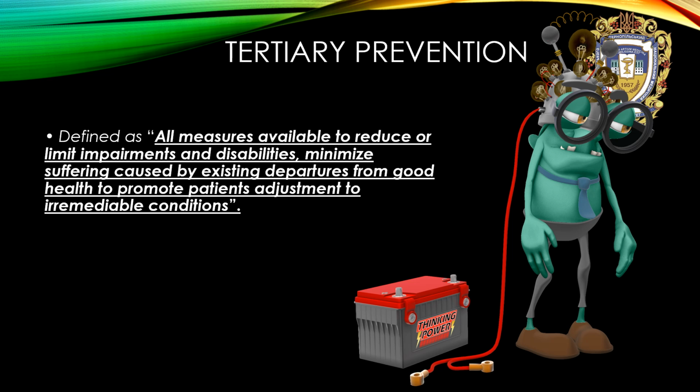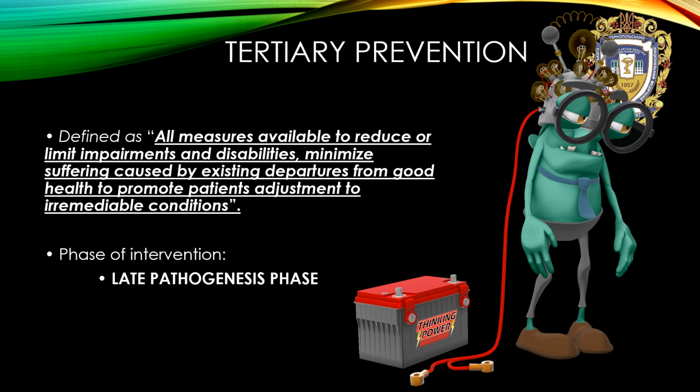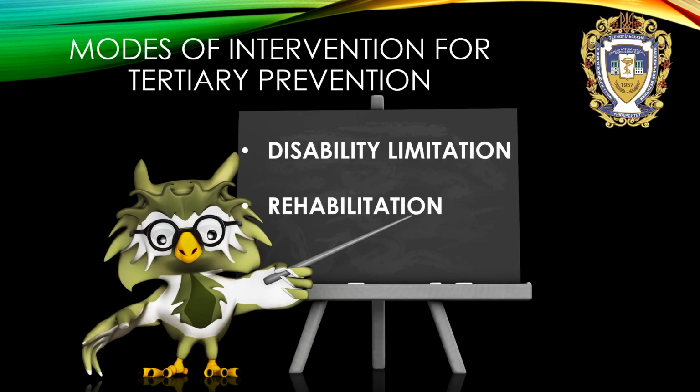Tertiary prevention is defined as all measures available to reduce or limit impairments and disabilities, minimize suffering caused by existing departures from good health, and promote patients' adjustment to irremediable conditions. Phase of intervention: late pathogenesis phase. And modes of intervention for tertiary prevention: the disability limitation and rehabilitation.